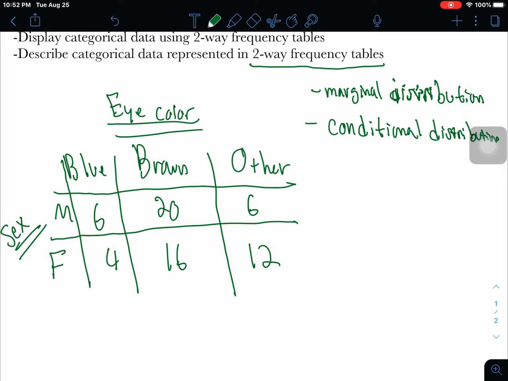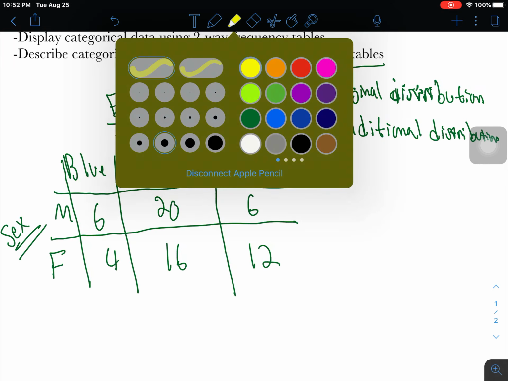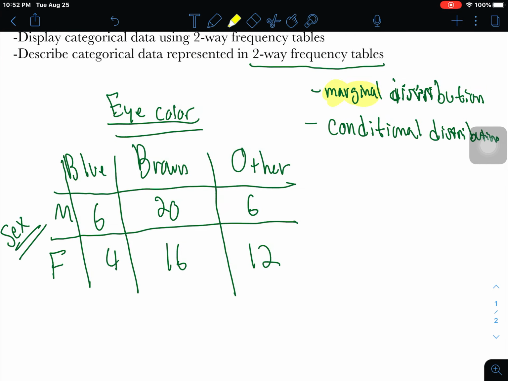Now, remember I threw in this word marginal. Marginal. Think of what the word margins means. Margins, when we talk about paper, kind of means like the outside. Like, are your margins wide enough? So within a two-way frequency table, I want you to think of margins as like the outside.